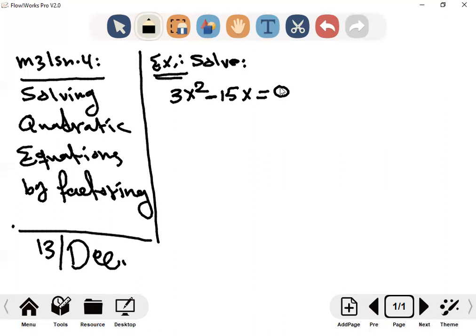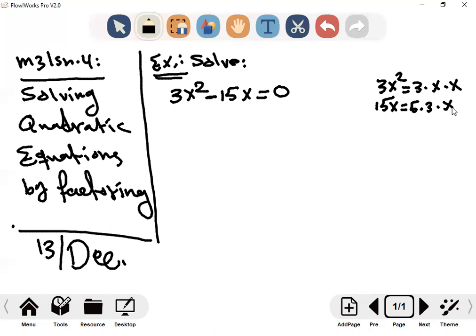So the first step is to find the greatest common factor by factoring. 3x² is 3 times x times x, and 15x is 5 times 3 times x.